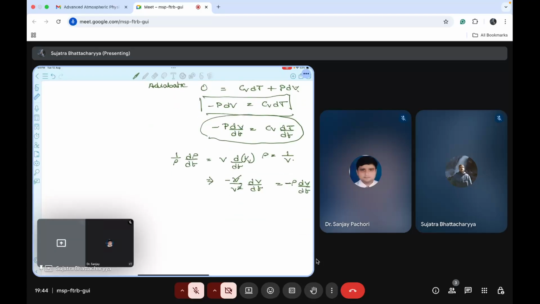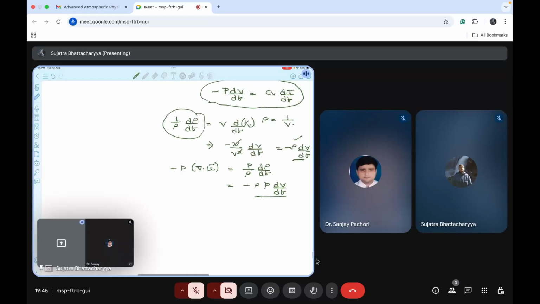Fine. Now, minus p del dot u is equal to p by rho d rho dt, which is equal to minus rho p dv dt. How are we writing this? See, this is nothing but minus rho dv dt. There is a p which I am taking here. 1 by rho d rho dt is minus rho dv dt. That's all. That is what we are writing.